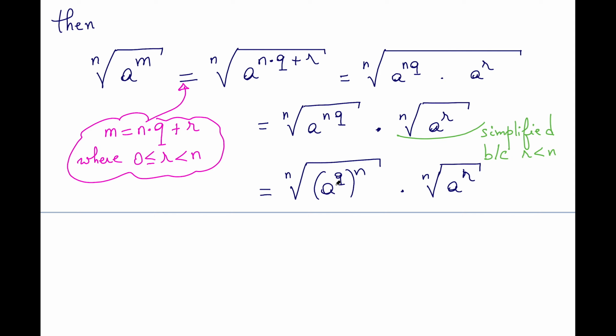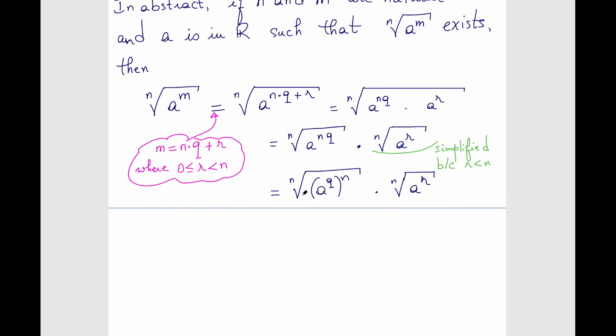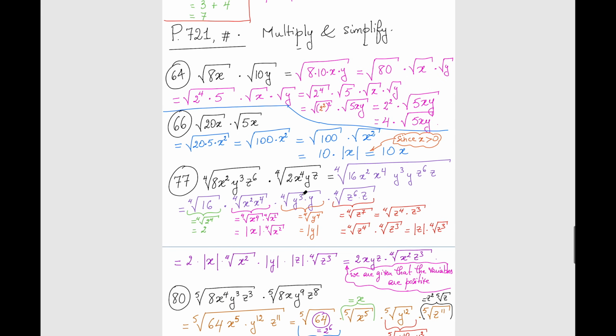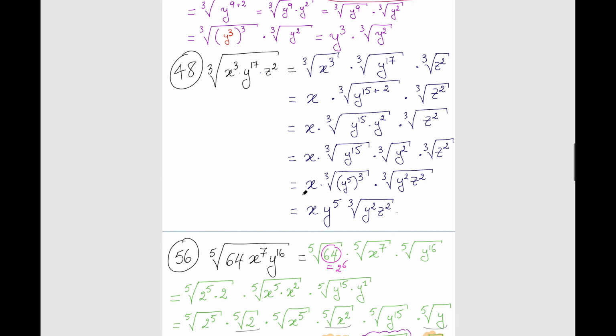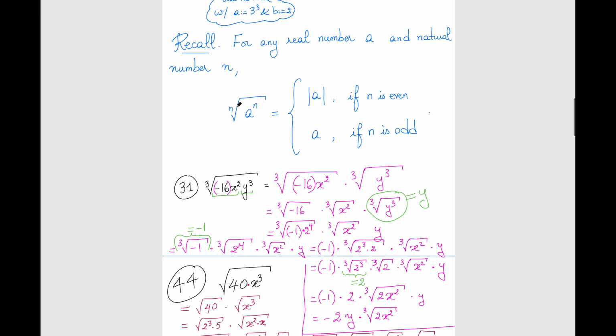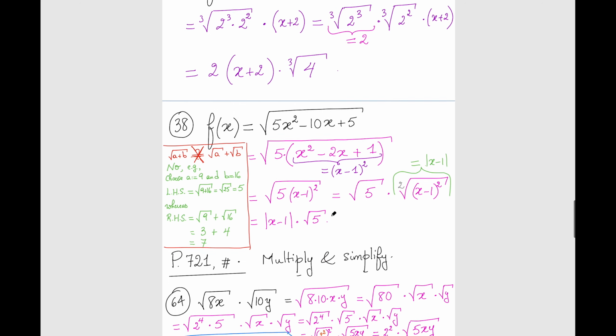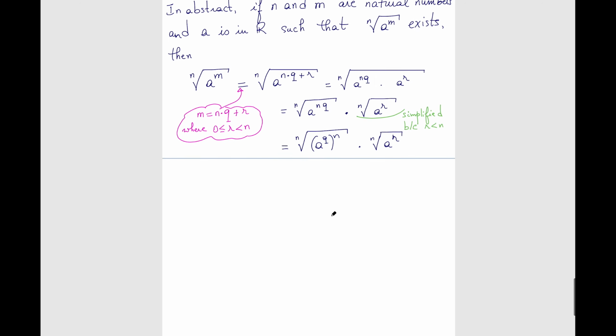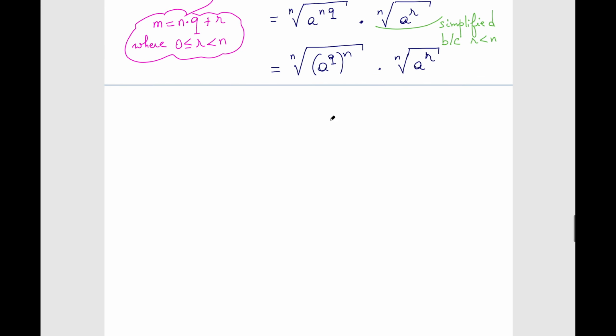And then, because of this formula that we have, the nth root of something to power n is the absolute value of the thing if n is even, and it's the thing if n is odd, right? The thing here is a to power q. So we get that this is equal to two things.